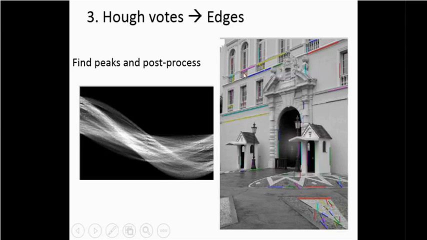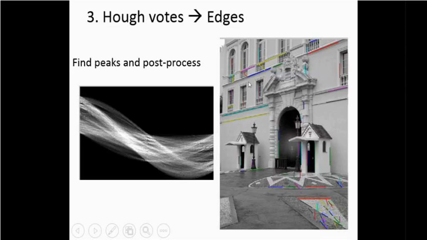It also, though, often will find some, inexplicably, lines that don't seem to match up to any of the true gradients. The way that I created this was I first found the bins that are local maxima, and then I looked to see which points voted for those bins. That's how I'm plotting these segments.